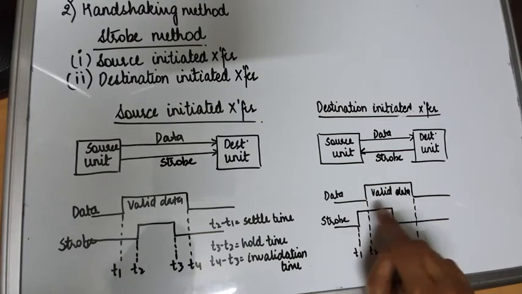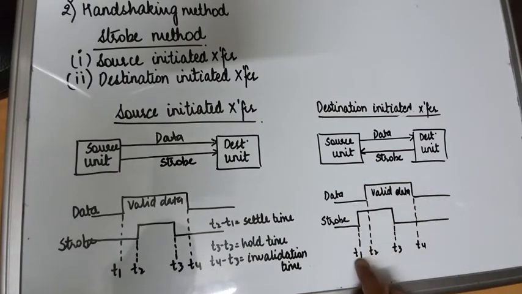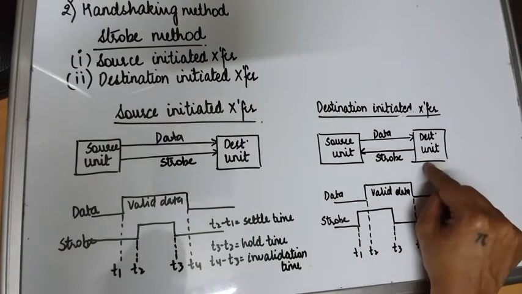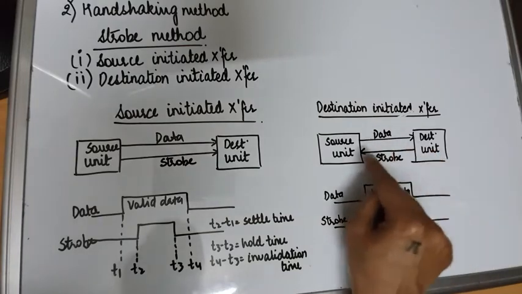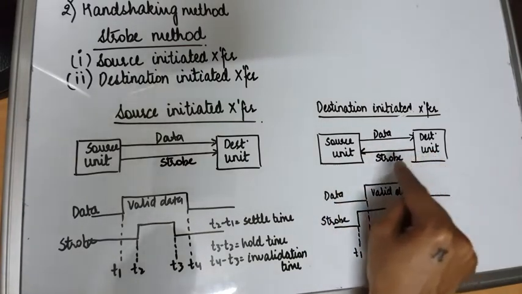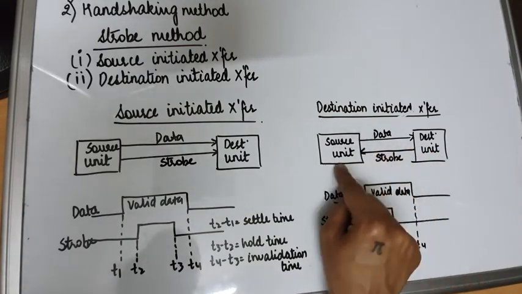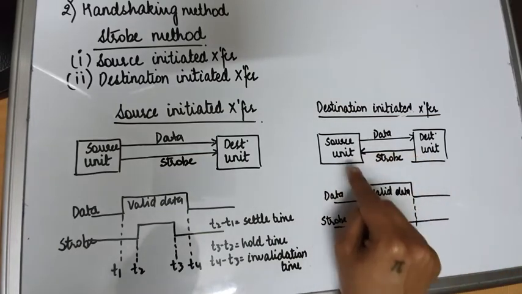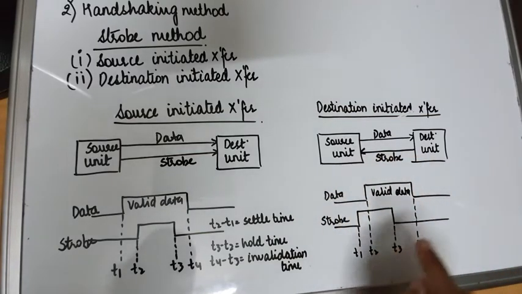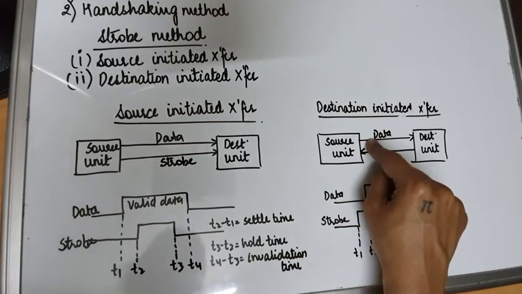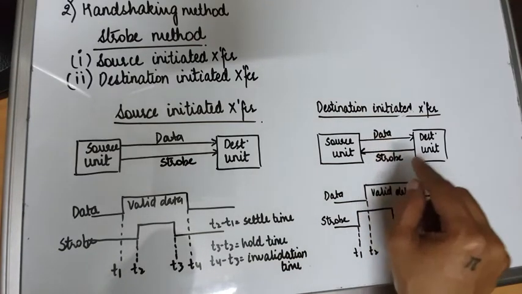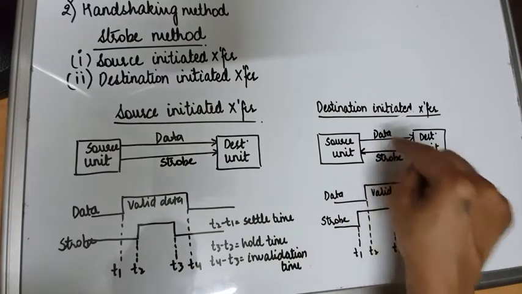After some settle time, that is delta t, at time t2, on sensing the strobe signal generated by the destination unit, the source unit puts data on the data bus. Since the destination unit is asking for the data, it is ready for the data, so the source unit will put the data on the data bus.